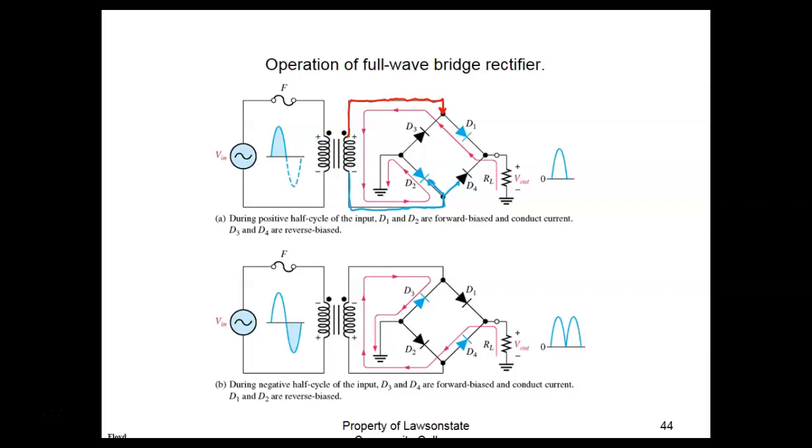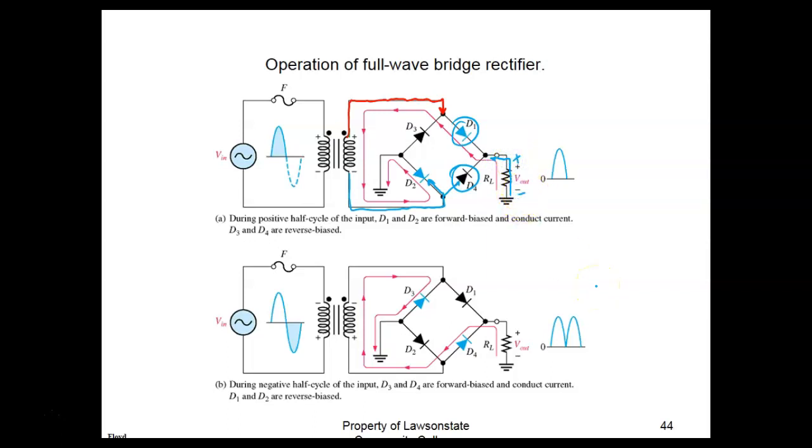So what we're going to look at on a full wave center tap is these two diodes right here. The cathodes are pointing toward the load. So that means the current flow has got to be in this direction right here, which makes this positive and makes this negative.